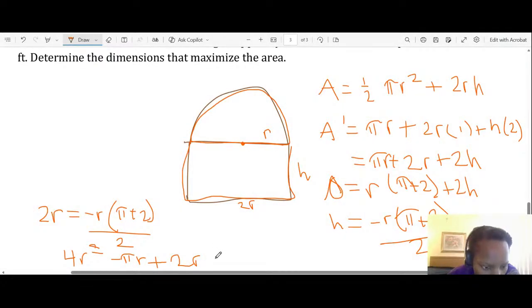So it's going to be, wait, what? 4R. Okay, so 4R plus pi R. Totally not going to be good.